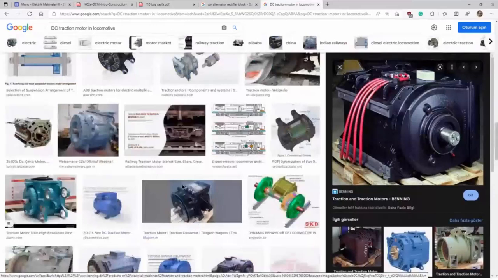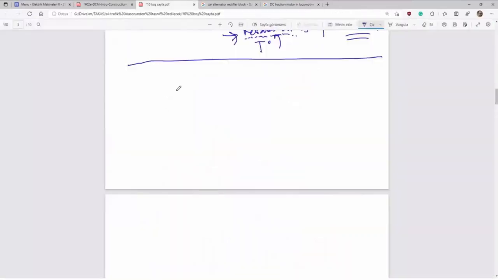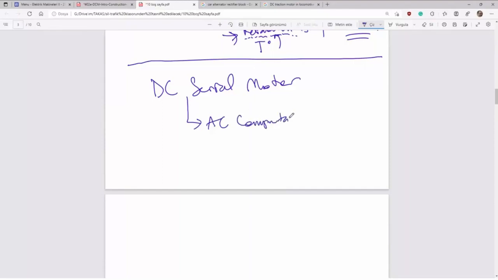That is traction. There's another type of DC motor, the DC series motor. And one of its sisters or brothers is the AC commutator motor, or generally it is called the universal motor.